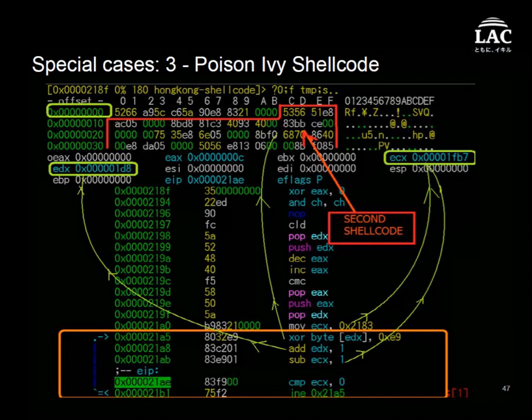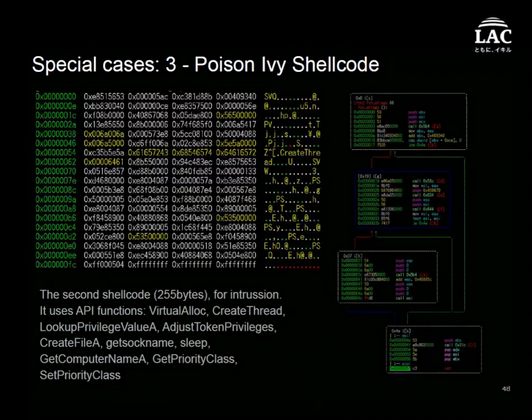Poison Ivy has two kinds of exploit code. One is based on Parsploit, and the second shellcode is executed after the payload of Poison Ivy is installed, and this is one of them. It has many kinds of originality and variations, so I just picked one as a screenshot, and wrote about the API functions used in the text below the screenshots.